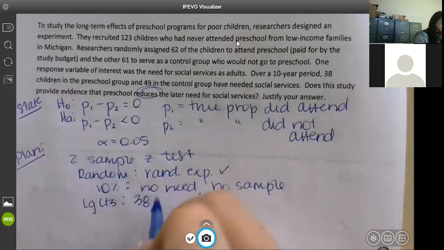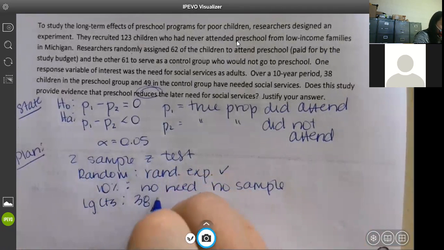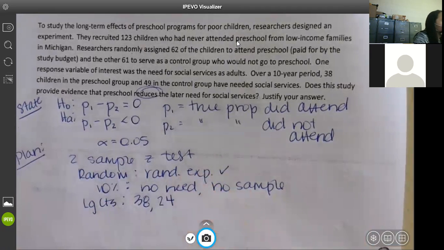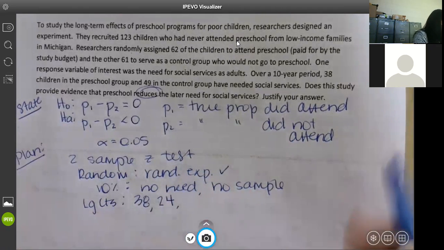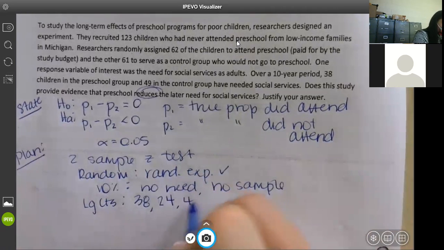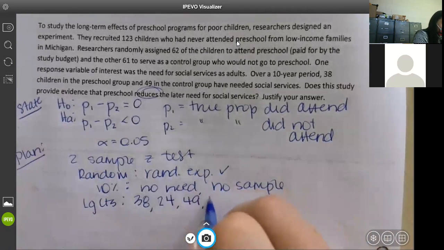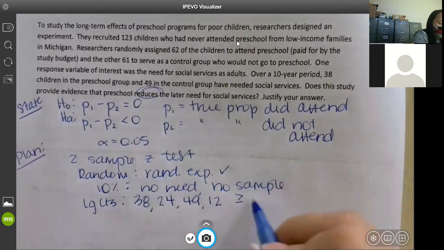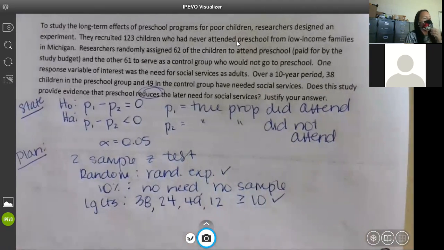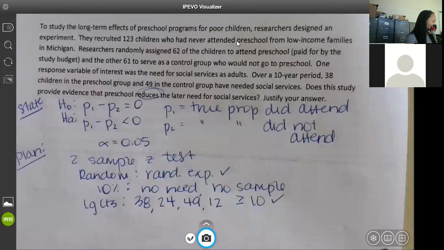Oh, what is that? Yeah, because that's hard math. I don't know how you'd ever be able to do that. Every one of you has your phone sitting on your desk and they all have calculators. I'm just saying. What about the other one? 49. Can you do that math in your head? Yes, that would be 12. Perfect. All greater than or equal to 10. I know somebody could do some simple math in here. Maybe that's why y'all are not feeling very confident in statistics. I'm just kidding.